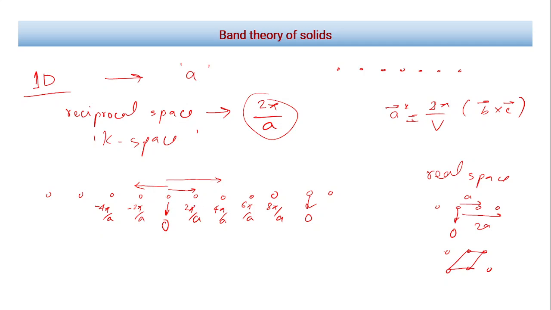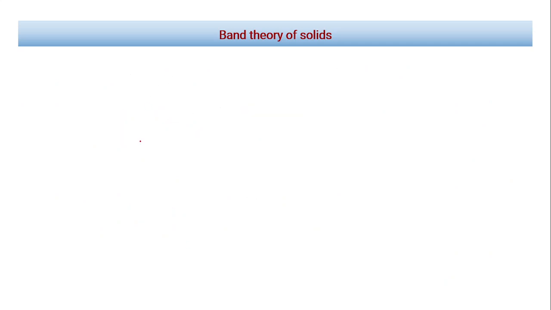We need this information. Okay, let me draw it again. Taking this as the origin, again this is 2 pi by A, a reciprocal lattice point, this is minus 2 pi by A, this is 4 pi by A, minus 4 pi by A, 6 pi by A, minus 6 pi by A, and so on.